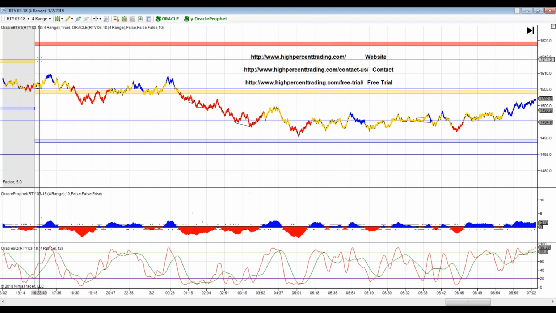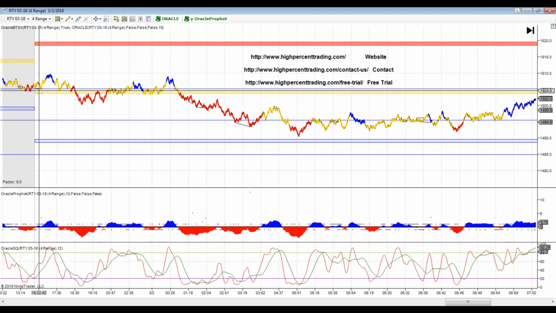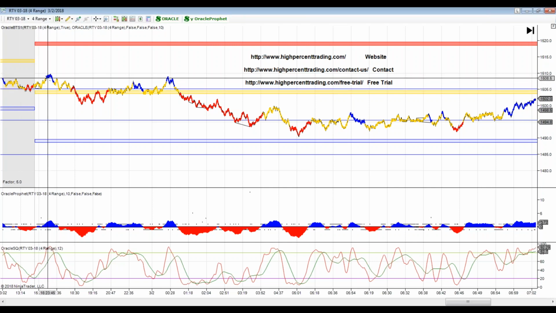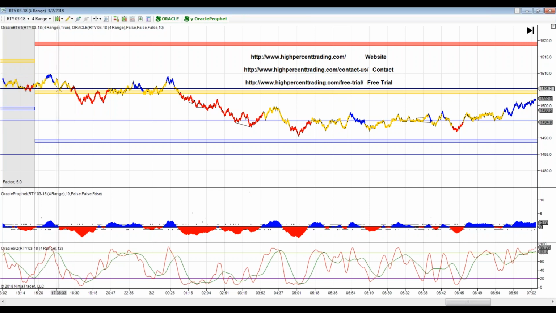But in this particular case, we started the session in the afternoon, and what we had were blue bars. So simply the rule is, when you first come down in here, we're not coming down from the top, so we're actually looking for either blue bars or yellow bars following blue. In this case, it was yellow bars following blue.